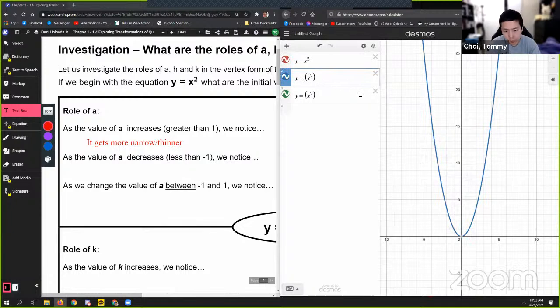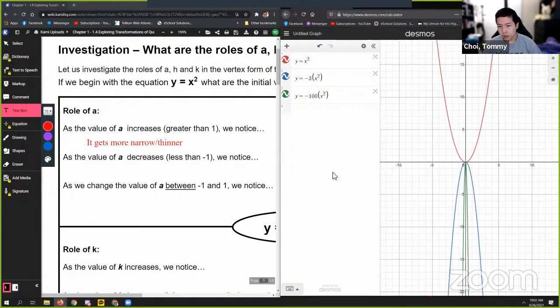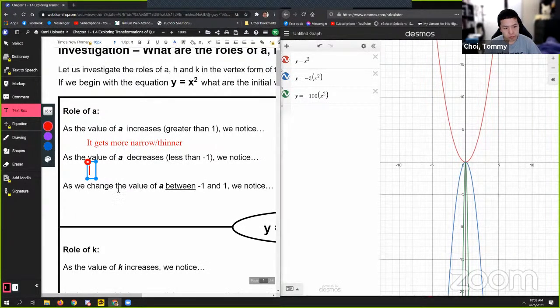So if we put a value less than -1, so let's say we do -3 and -5, or we'll do like -100, for example, just to make a dramatic difference. What happens? Opens downwards, exactly, very good. So it opens downwards now.